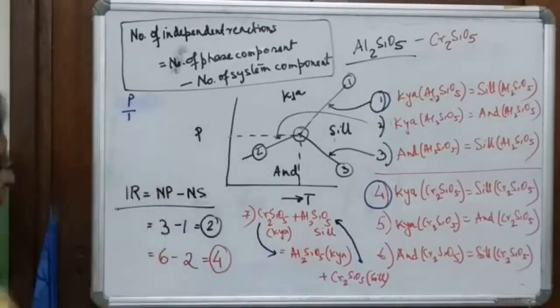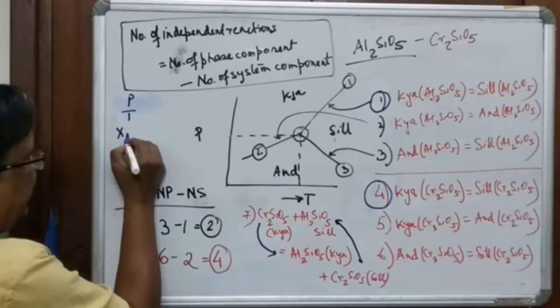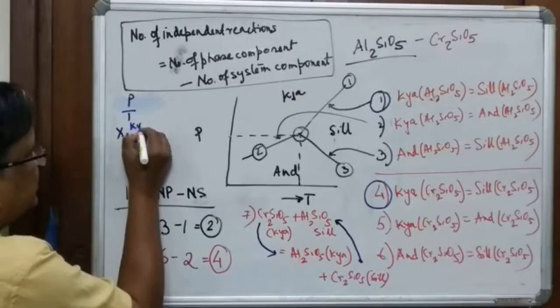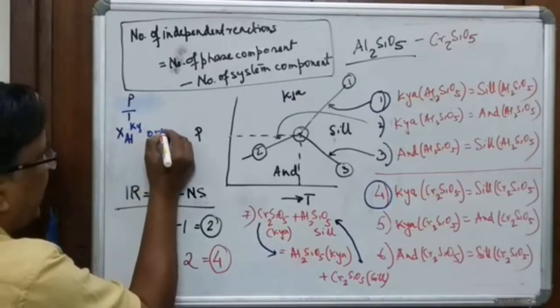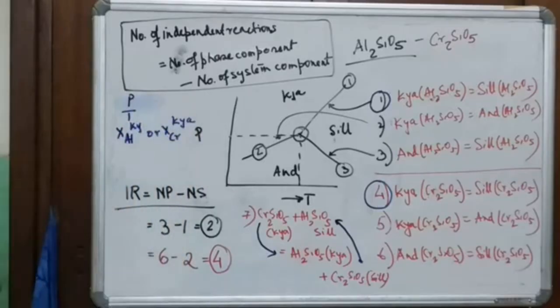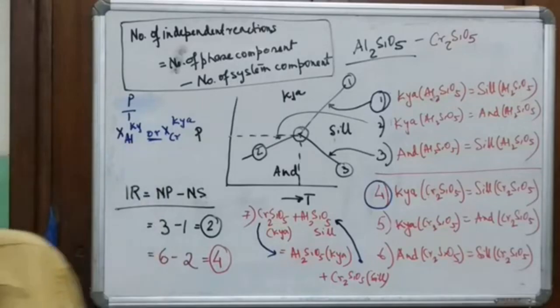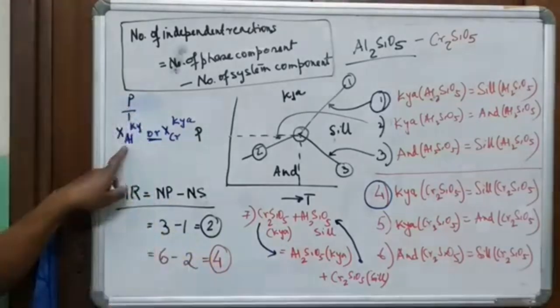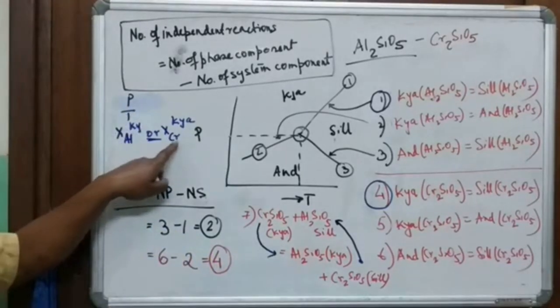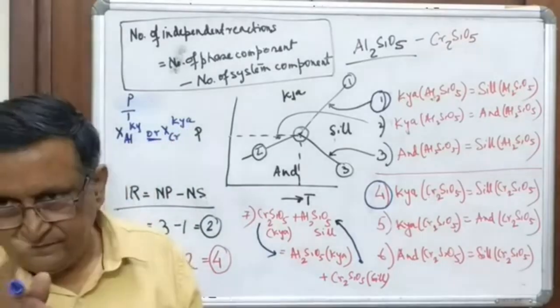Pressure, temperature, X Al kyanite or X chromium kyanite. Or, I have written or, not and. Why? Because X Al kyanite plus X chromium kyanite is equal to 1. So one of them is independent.